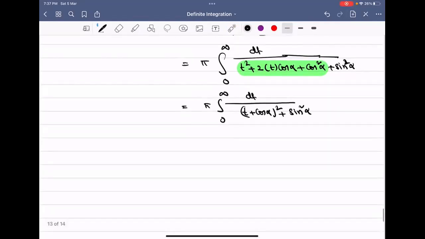Now this integral is of the form integration of 1 over x square plus a square, which is equal to 1 by a into tan inverse x by a.